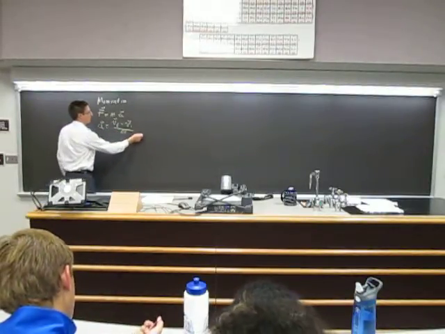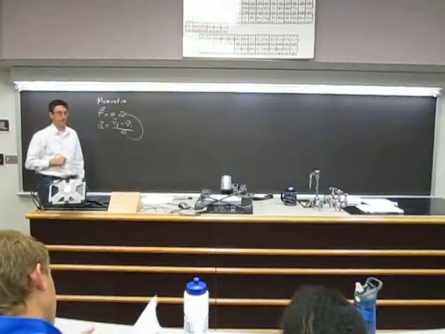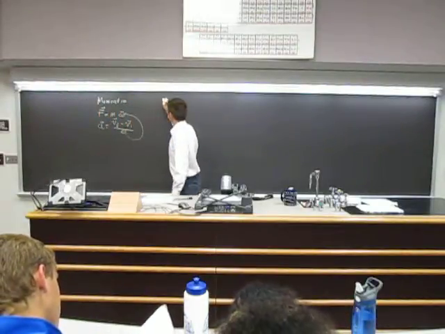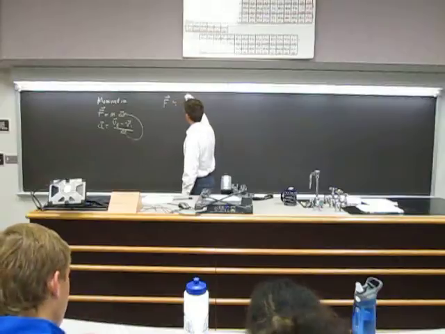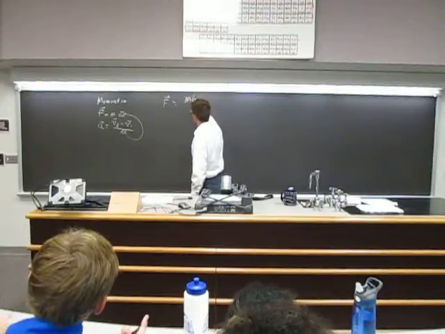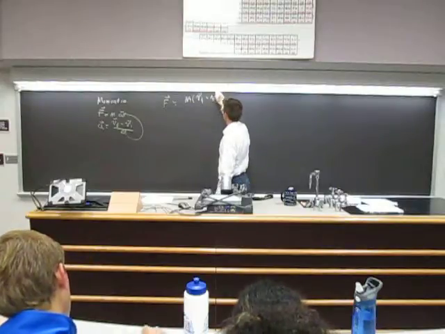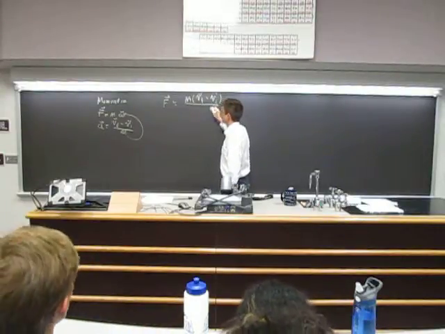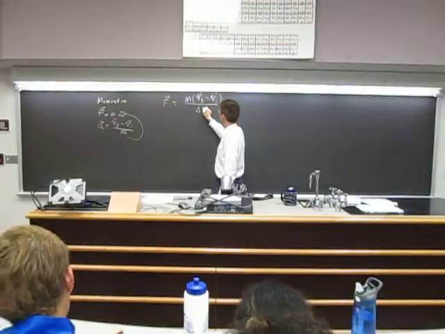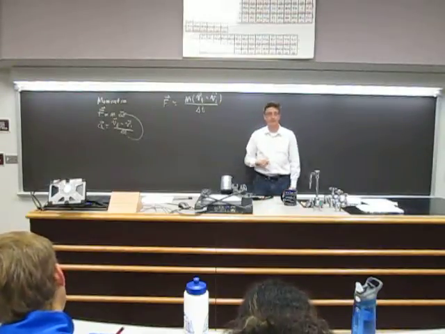Let's take this and plug it back into here. So we can say F is m times v final minus the initial velocity over the change in time to go between those.